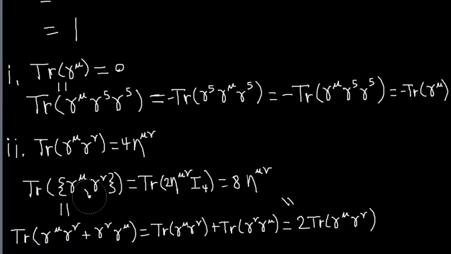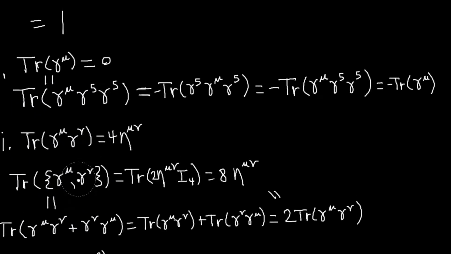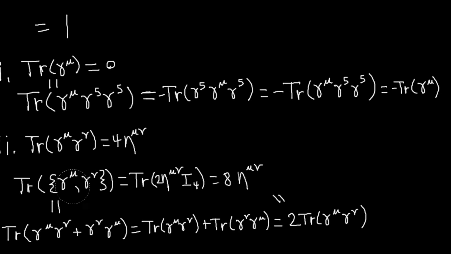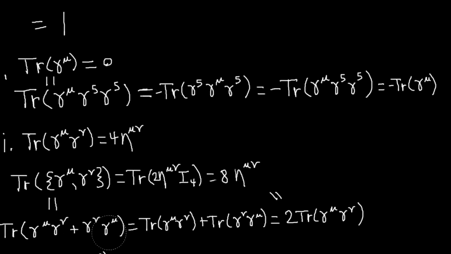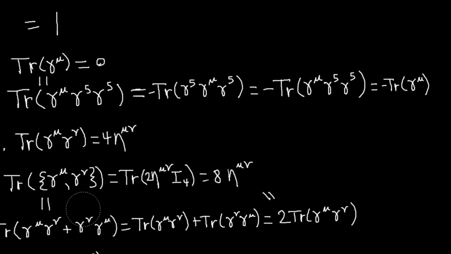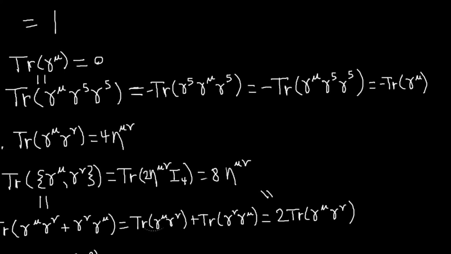And I can relate this to this expression. So this, if I expand and just write out the anticommutator, I get this. And the trace is, I guess, distributive, kind of. So I can write it like this. And then I can use the cyclic property here to rearrange mu nu.